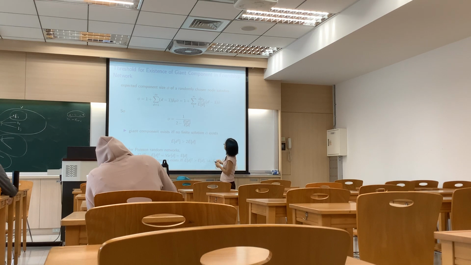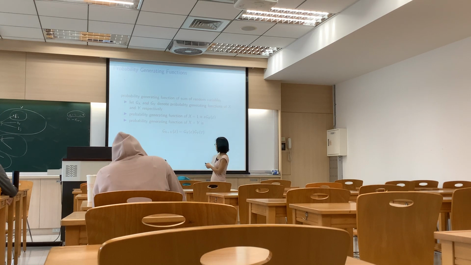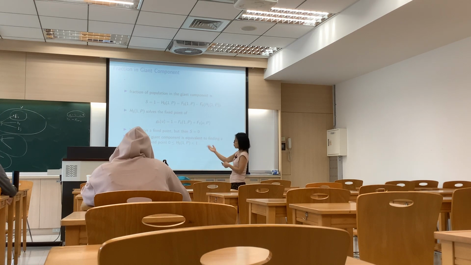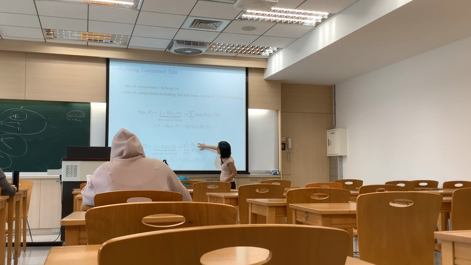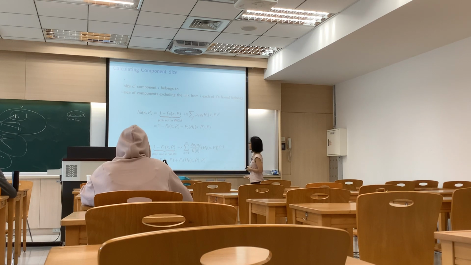divided by expected degree. And here, since for J to be in a word of mouth network, J has to be susceptible, we have to multiply that by QD. So this is the probability that J has D friends and is susceptible. But if J has D friends, excluding the original link, there are D minus 1 remaining friends.